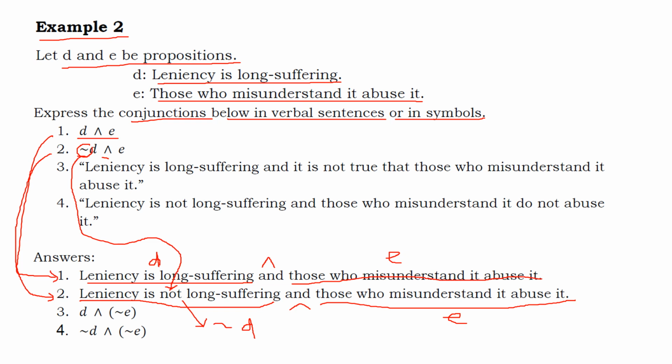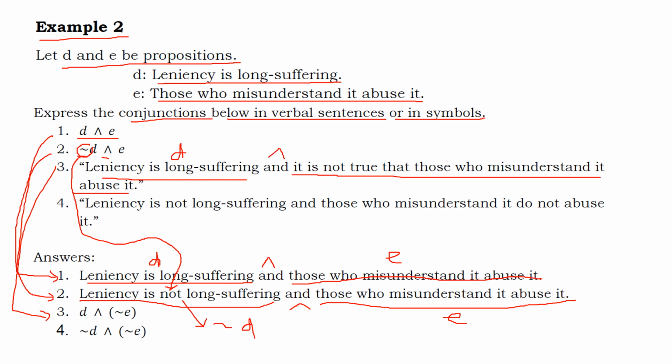Now for number 3, in this case we're asked to express this in symbols because the given is in words, or a verbal sentence. Leniency is a long suffering, and it is not true that those who understand it abuse it. As you can see, this will be your D, and this will be your conjunction.